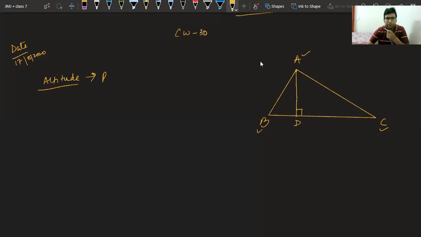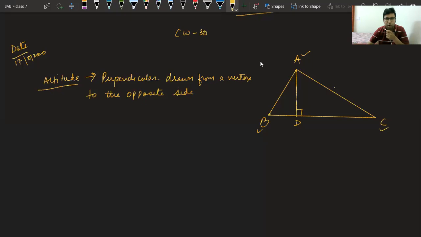So a perpendicular drawn from a vertex to the opposite side is known as altitude. A triangle can have three altitudes. As you can see, this is vertex B and this is the opposite side AC.